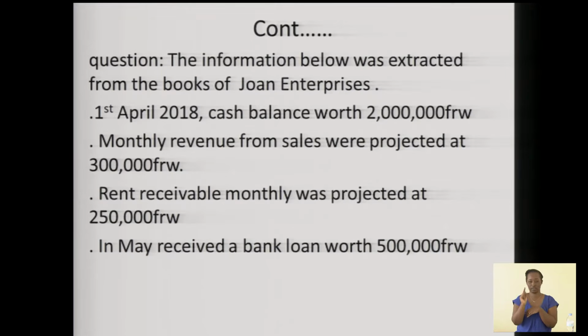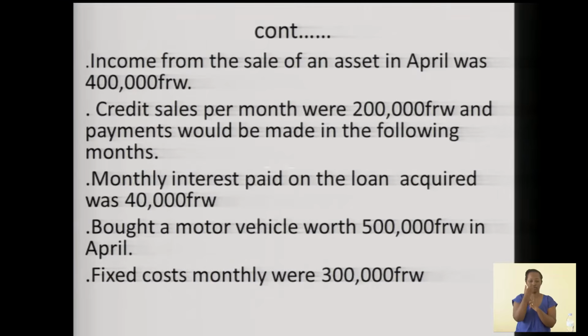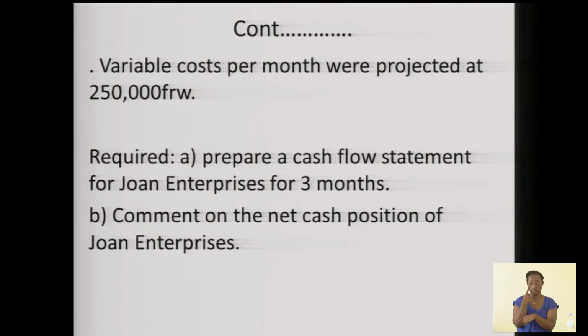We have rent receivable, as you can read the question. In May, they received a bank loan worth 500,000. We have income from sale of an asset in April, it was 400,000. Then we have credit sales per month. What they want us to do is prepare a cash flow statement for John Enterprises for 3 months, and then comment on the net cash position of John Enterprises.